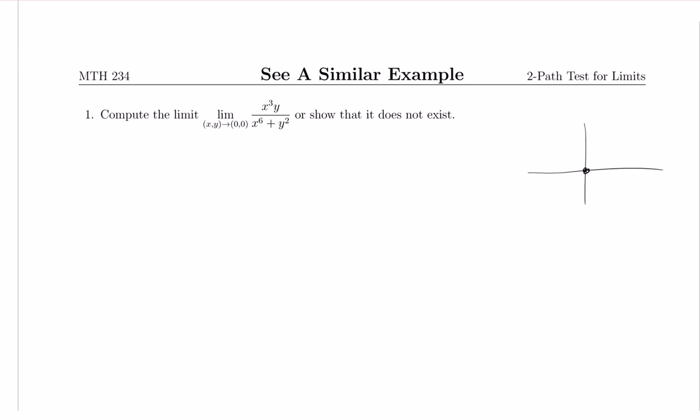What we'll do is we'll take straight line paths that come towards the origin along straight lines. And as I said, the idea will be to do all of them at the same time.